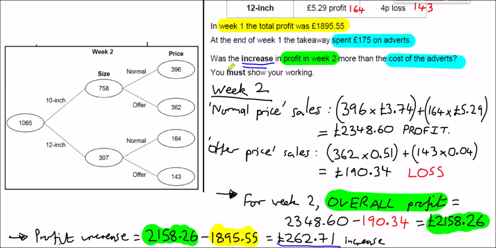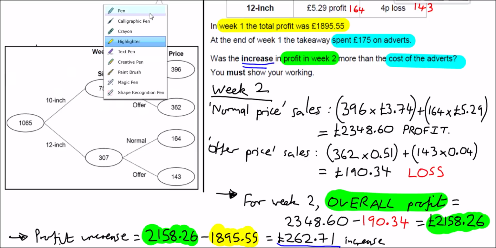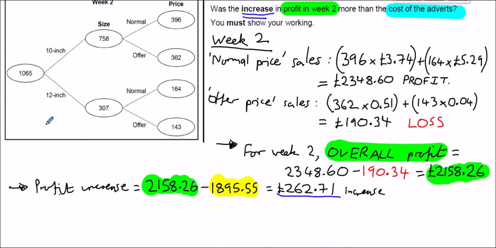And so the final answer, was the increase in profit more than the adverts? Yes, it was, because £262.71 is more than £175. And so the final answer, after all of that working, is yes.